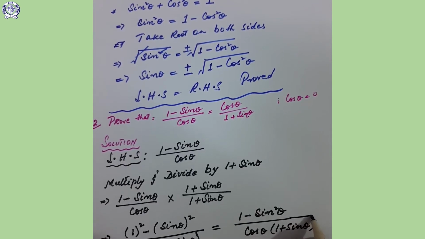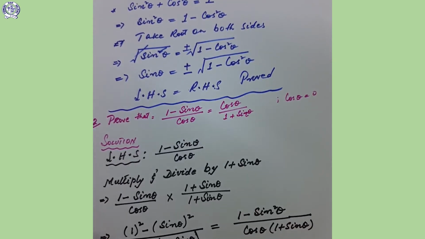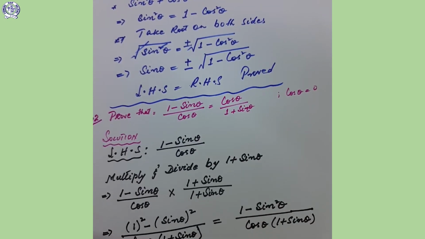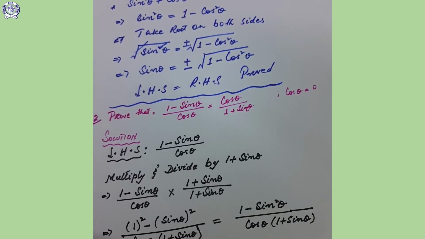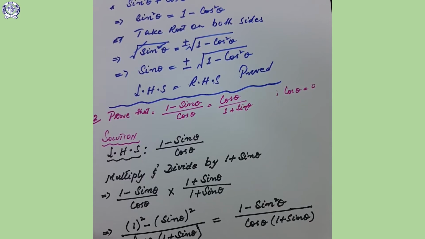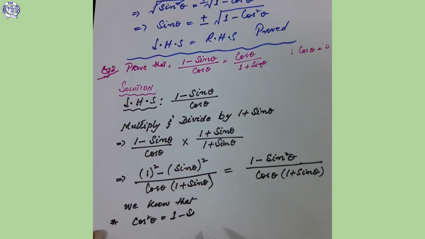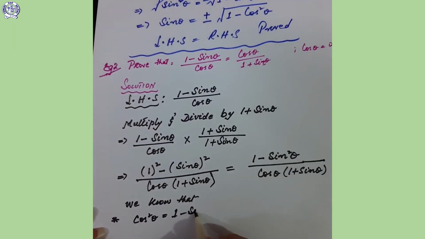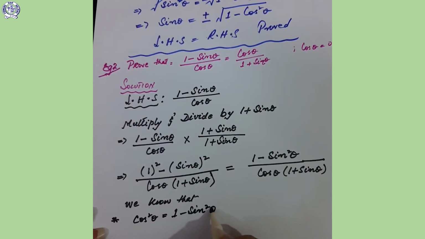Okay. Now after this step we know this formula, so we will write, we know that cos square theta equals 1 minus sine square theta.